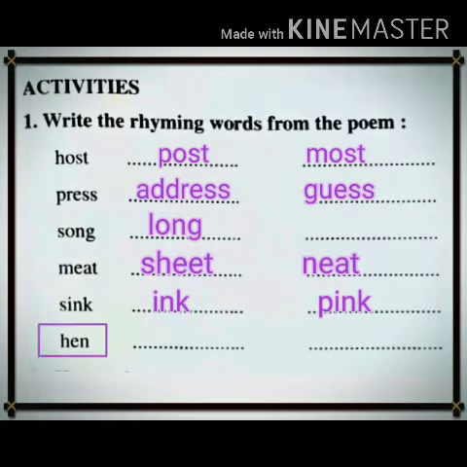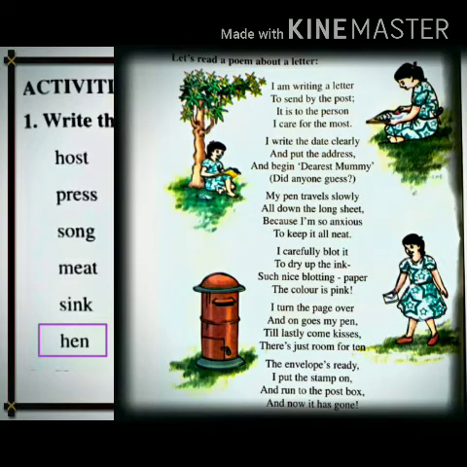The last word is hen. So let's find the rhyming words for hen from the poem. Let's read the fifth stanza. I turn the page over and on goes my pen. Listen to the word carefully. Pen. Hen, pen. So both have the same end sound and pen is the first rhyming word for hen.